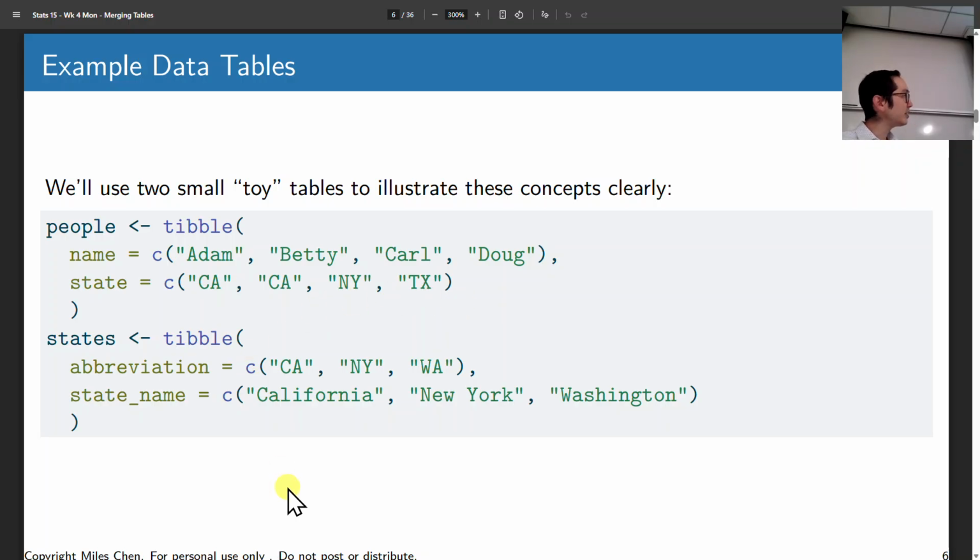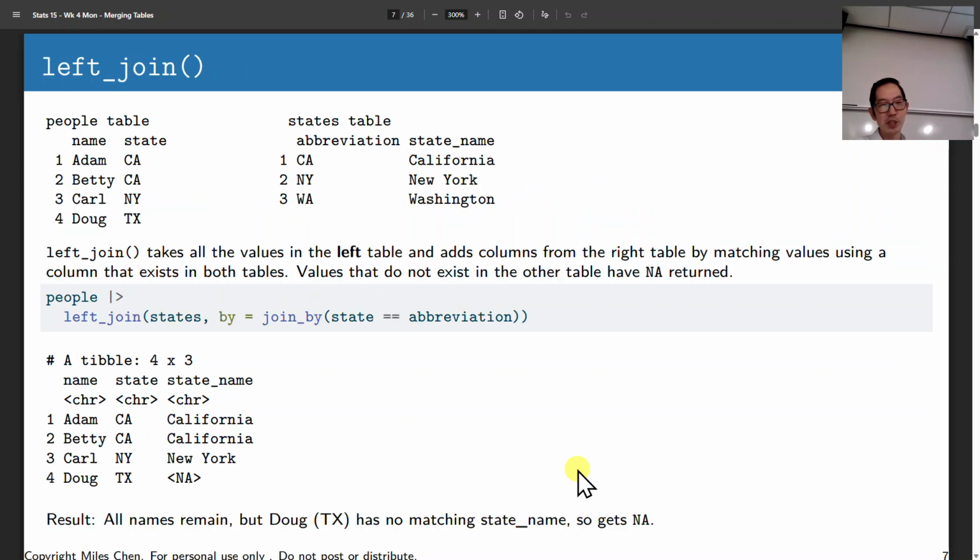And then I have a states table, a very incomplete states table. We have the abbreviation and the state name. So CA corresponds to California, NY corresponds to New York, WA corresponds to Washington. Okay, so if these are my two tables, we will start off by doing a left join.